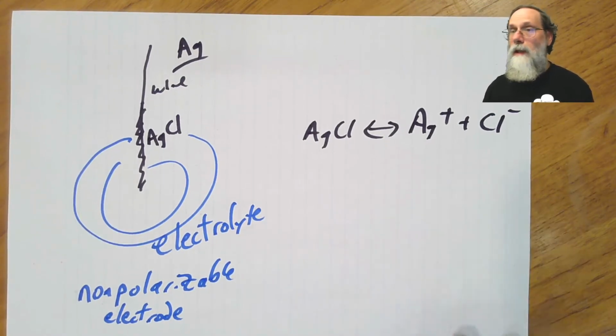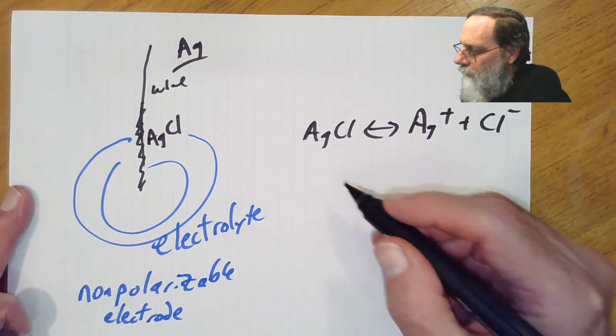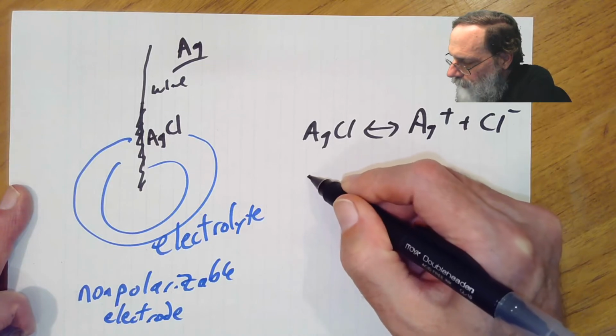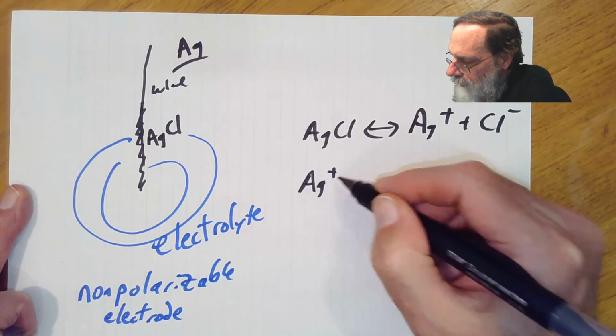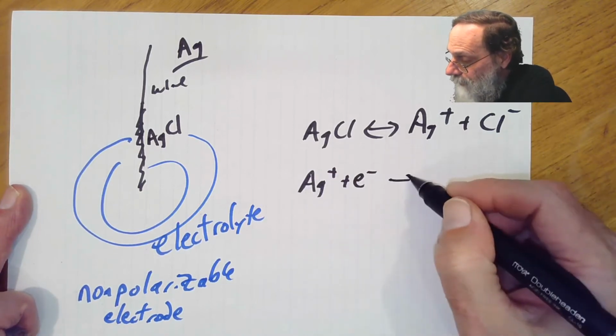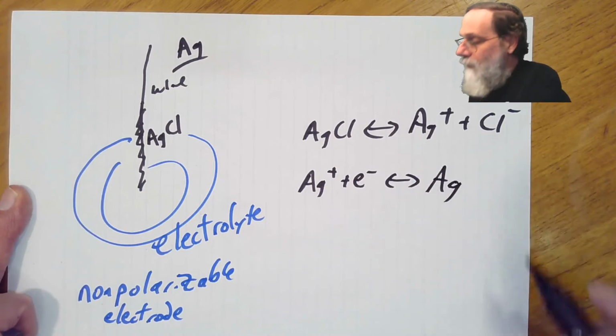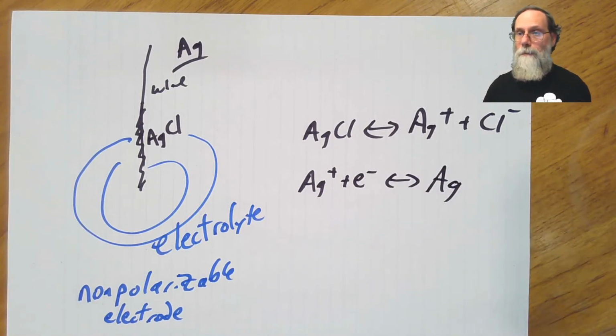This is basically silver chloride dissolving. And silver chloride does not dissolve all that well, so under normal situations where you just have the electrode sitting in an electrolyte, it's in an equilibrium and very little happens. There's another reaction, which is that Ag+ plus an electron can turn into just silver.